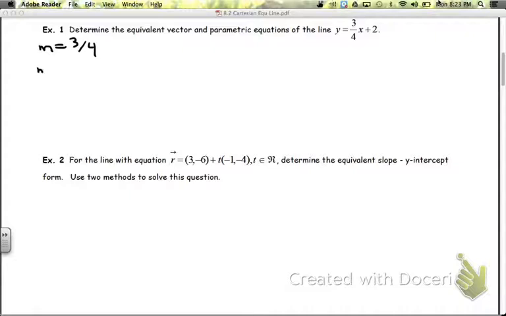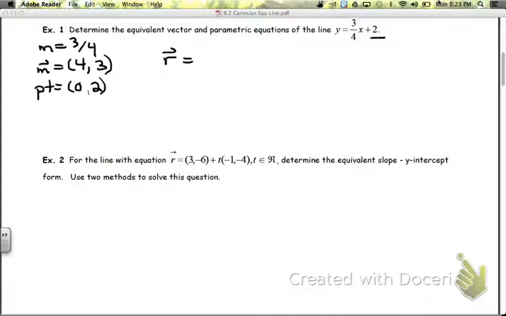Therefore we know our direction vector m is equal to (4, 3), because remember, our direction vector is (A, B) and our slope is B over A. And our point could be (0, 2), because this is just our y-intercept, which is 2.